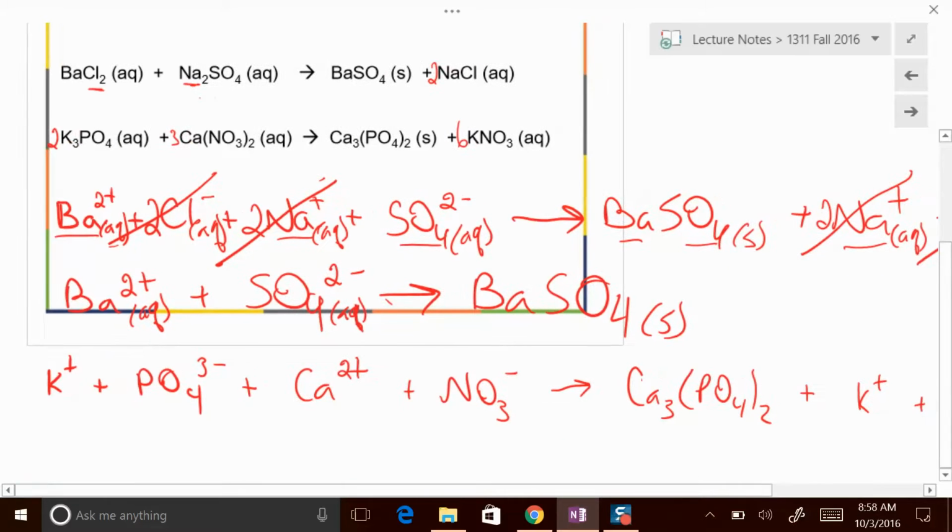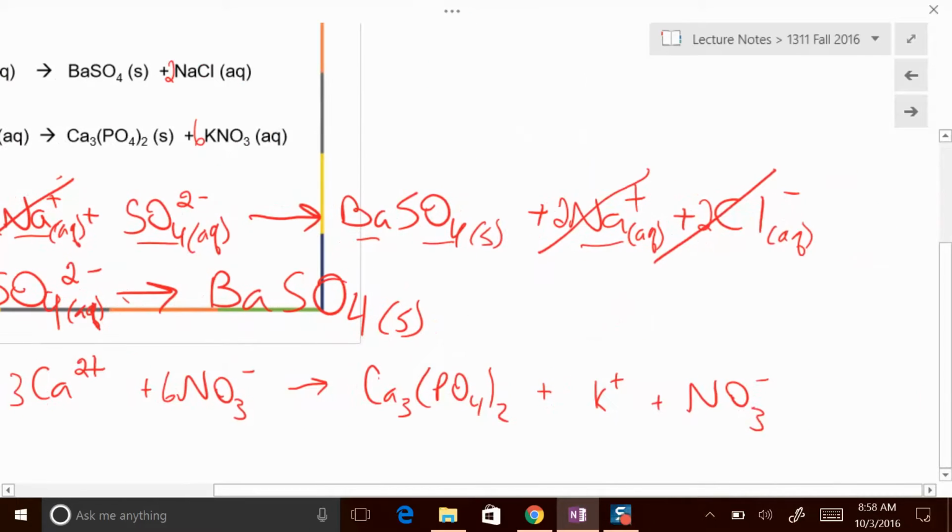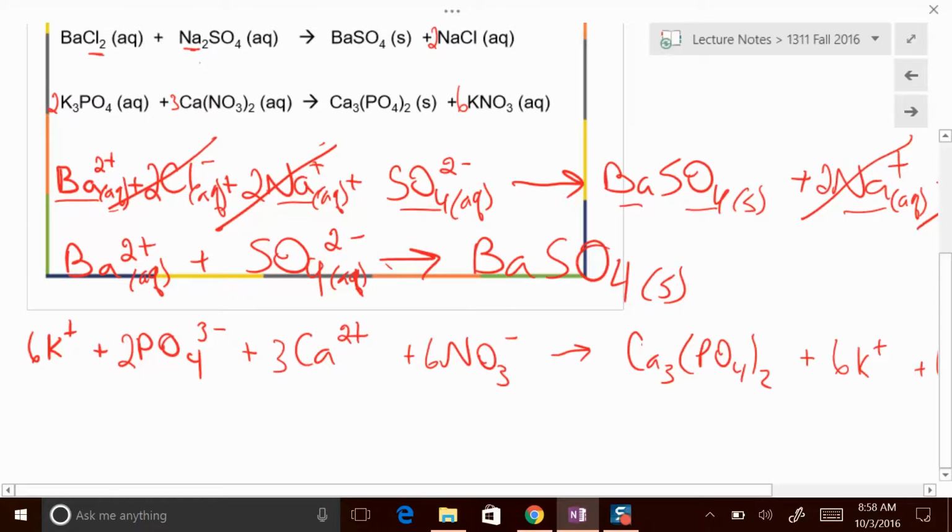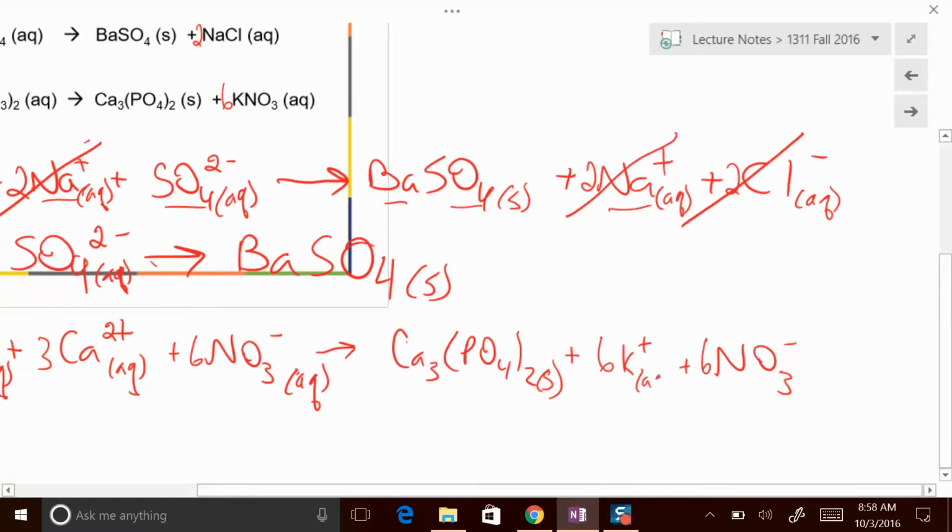Here we have 6 potassiums, 2 phosphates, 3 calciums, 6 nitrates, 1 calcium phosphate, 6 potassiums, 6 nitrates. Okay, so that's my balanced ionic equation. This stays together as a solid. Everything else is aqueous. Okay.